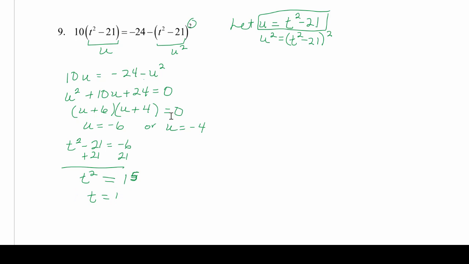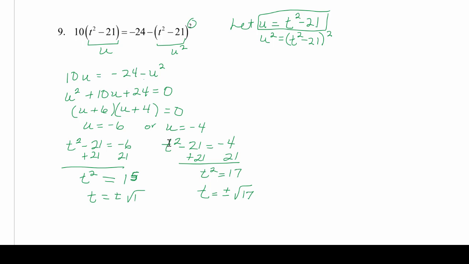Okay, and we're going to repeat the process over here on the right-hand side. So we're going to substitute t squared minus 21 for the u, set that equal to negative 4 and solve for t squared, or t. Add 21 to both sides, and we get t squared equals 17. And again, we can use the square root property to get t equals plus or minus the square root of 17.